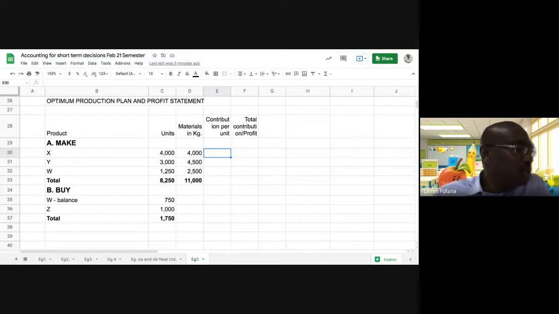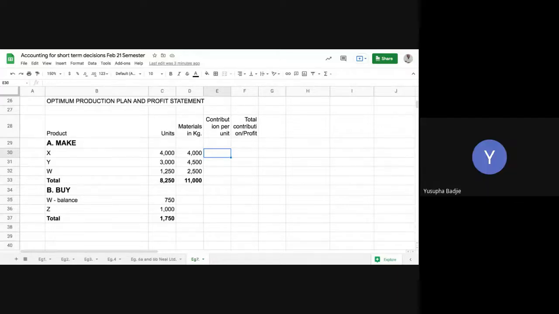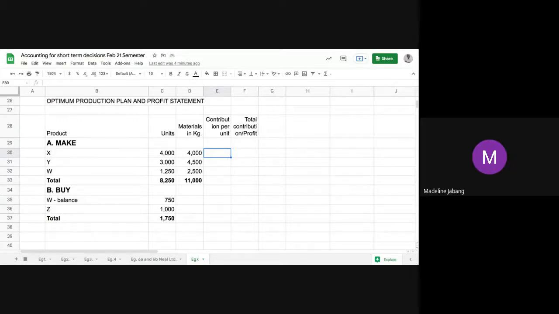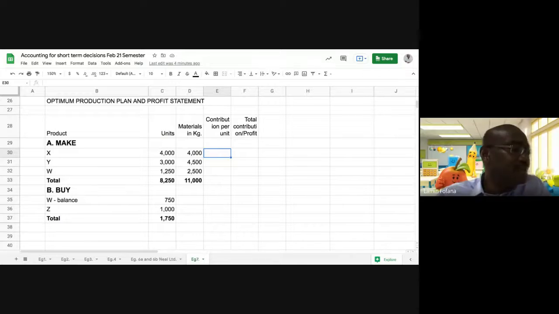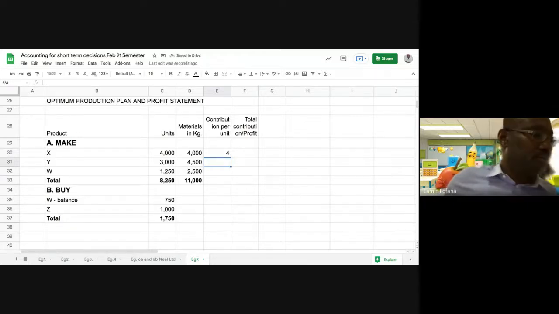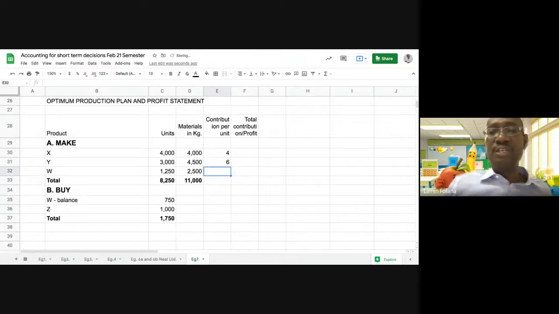The contribution per unit is the sales price per unit less the variable cost per unit. It's already given in the question. Good. So we say £4 given in the question. Good. So what about Y? £6, also given in the question.